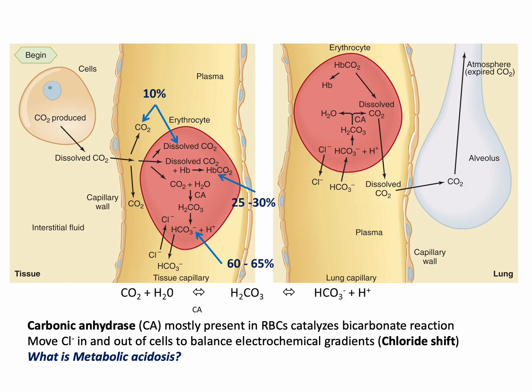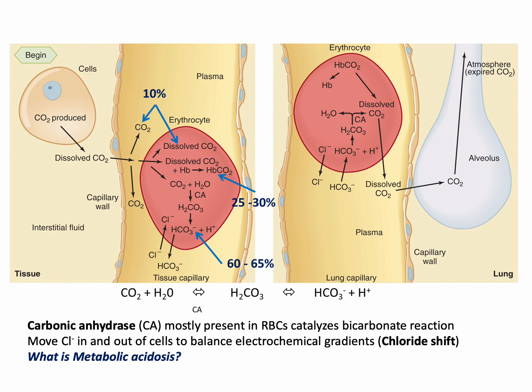And then as it goes through the interstitial fluid and enters into the bloodstream, a CO2 molecule will have one of 3 fates. It'll either just stay as a dissolved CO2 and enter into the plasma of the blood, right? So that'll represent about 10% or so of the CO2 molecules. Then another 25 to 30% of that CO2 is just going to bind to hemoglobin, right?